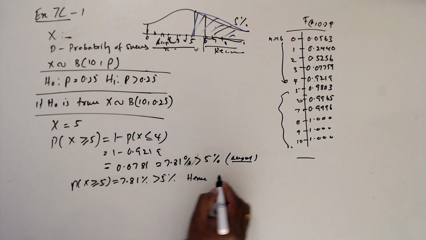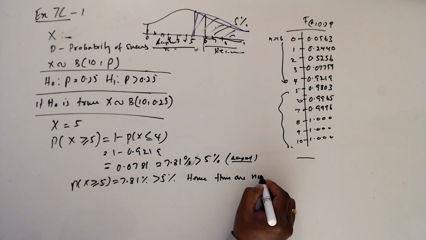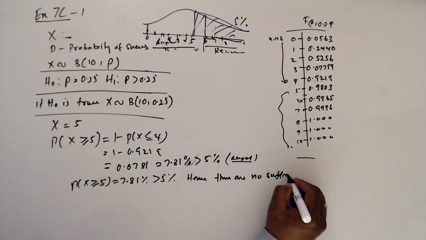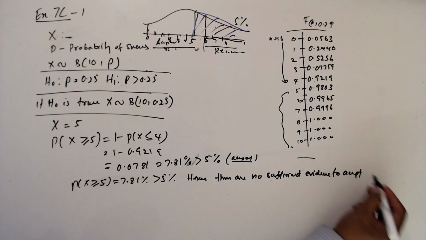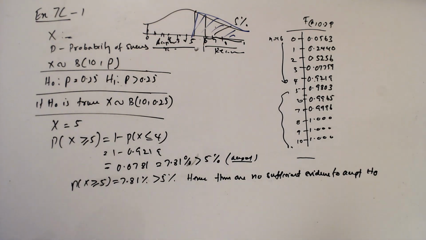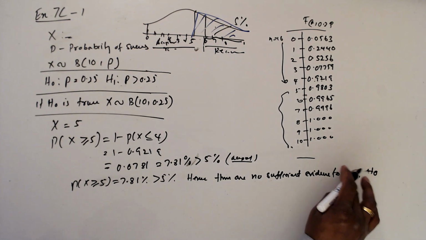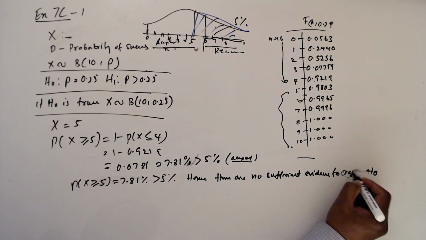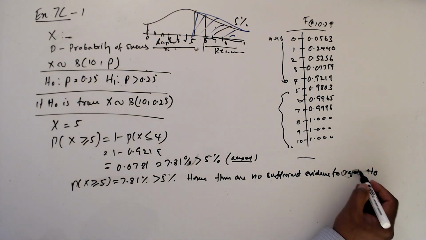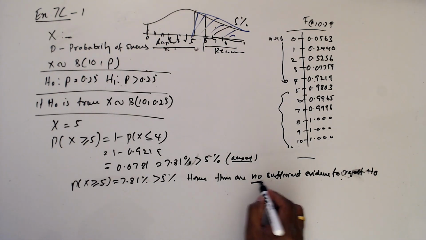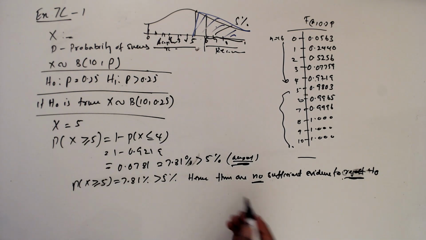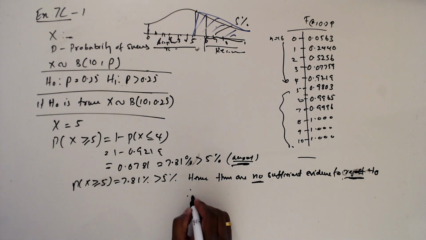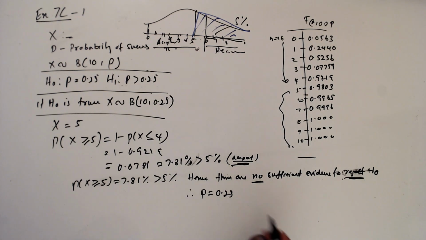Hence, there is no sufficient evidence to reject H0. Sorry, I mean there is no sufficient evidence to reject. To write the conclusion, there is no story here. So then we can write hence P is 0.25.